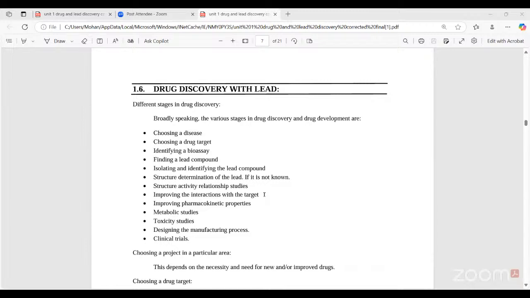These are the various stages involved in drug discovery with a lead compound.